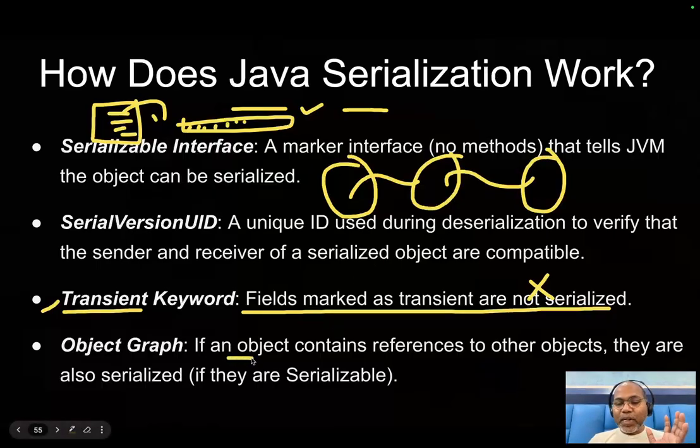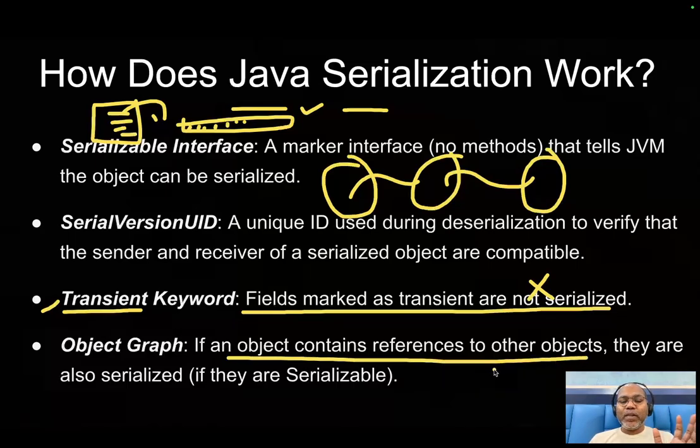If an object contains a reference to another object, then that is also part of the serialization, because that object will also be serialized, depending on whether it is marked with the Serializable interface. If it is not marked as Serializable, it is skipped. If it is marked, it will be serialized as part of the graph.